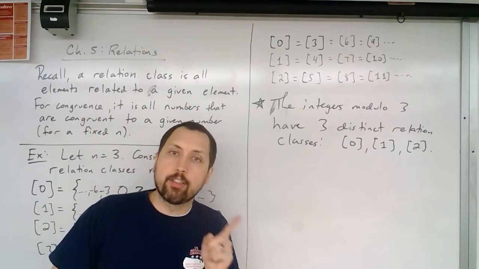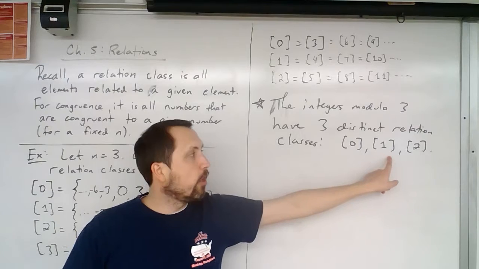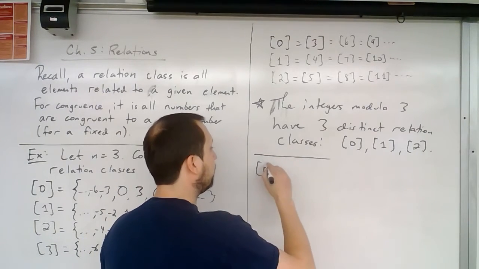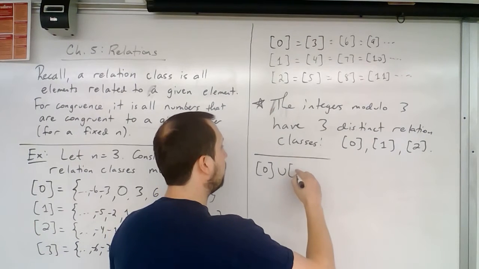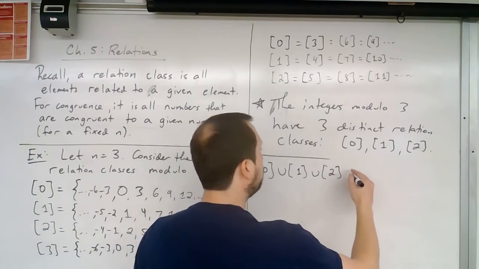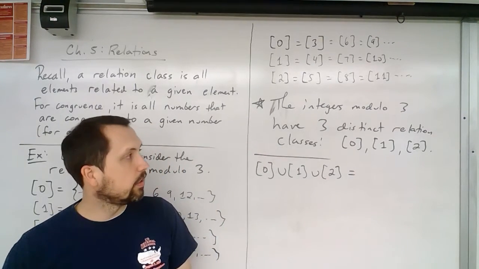What do we notice then if we were to have all of these put together? So if we were to look at the relation class of 0, union the relation class of 1, union the relation class of 2, what do we see?